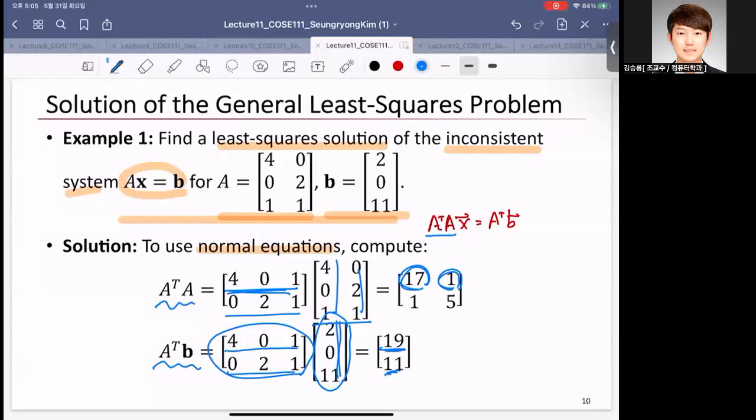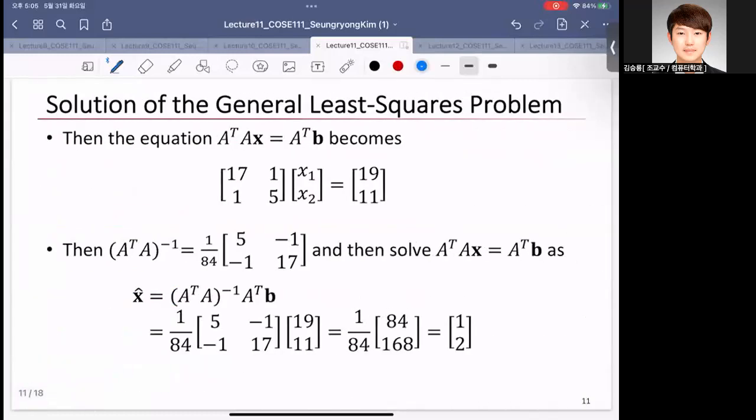Then our normal equation is going to be this one: A^T A x, and A^T b here. Right? So in this case, from here, we know this system is now consistent.